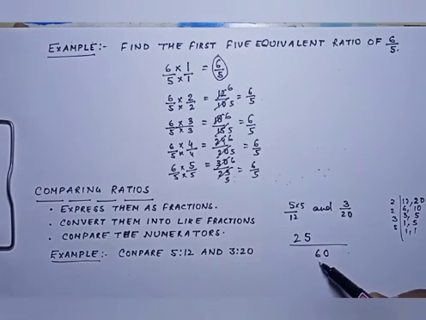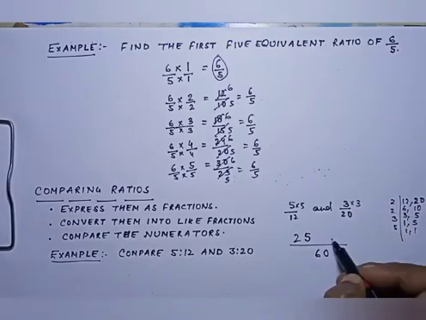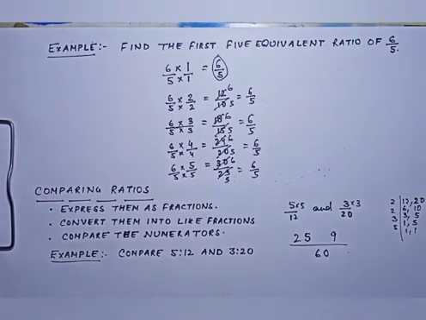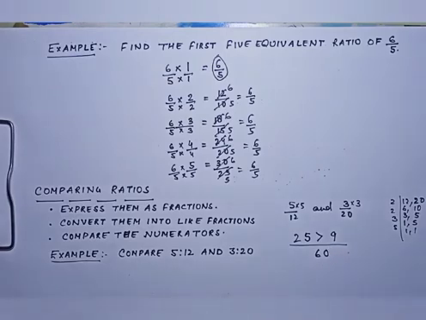And 20 3s are 60, so 3 into 3 is equal to 9. Which ratio is greater, 9 upon 60 or 25 upon 60? Easily we can say that 25 upon 60 is greater than 9 upon 60. This is how we are going to compare two ratios.